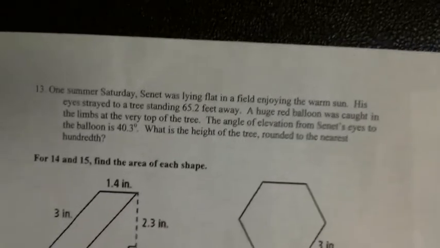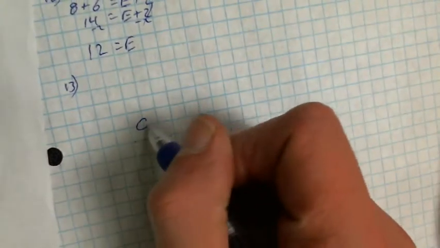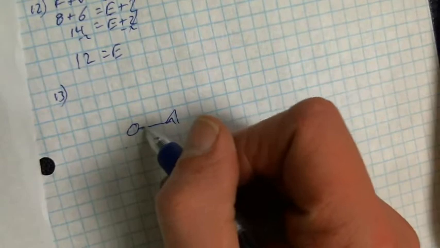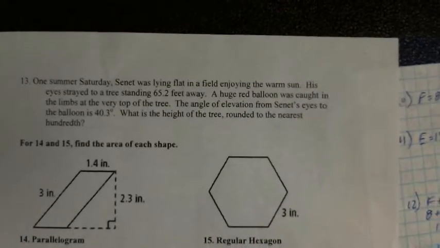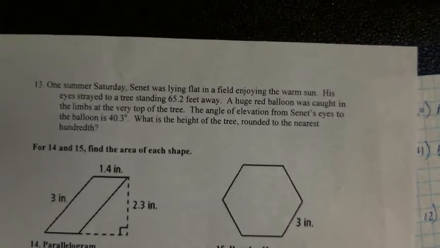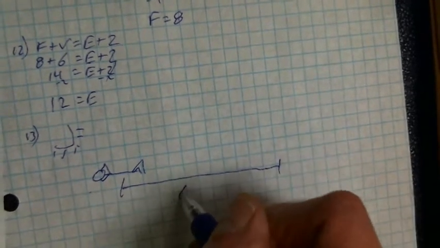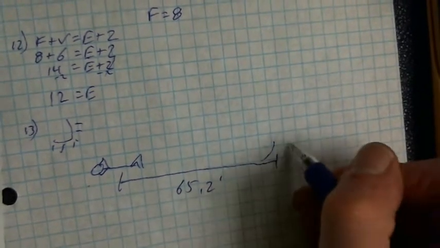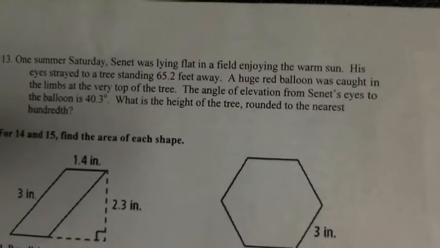Number 13. One summer Saturday, Sennett was lying in a flat field enjoying the sun. His eyes strayed to a tree standing 65.2 feet away. A huge red balloon was caught in the limbs at the very top of the tree.